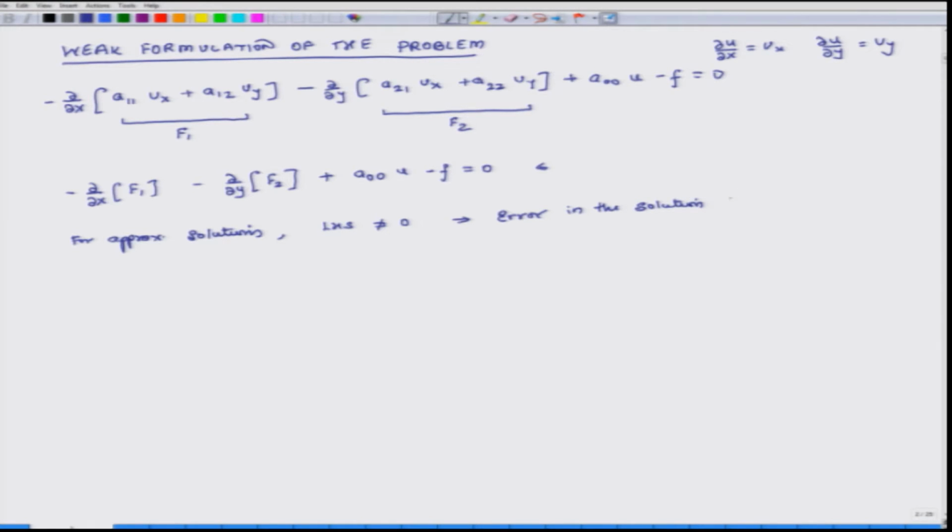Let us call this error E. This is a function of x and y. It changes from point to point.